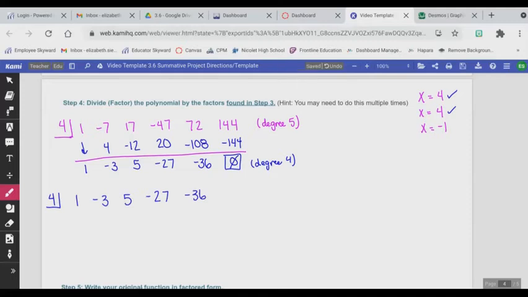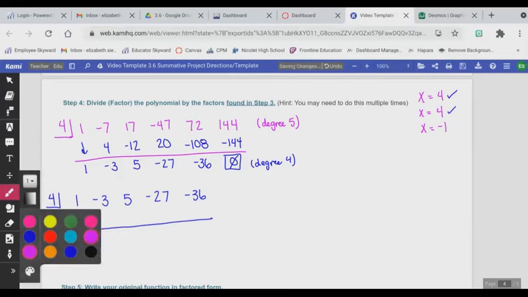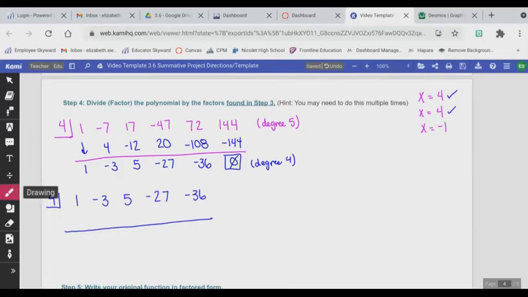So using the answer that I just got for my first synthetic division, I'm going to set it up and do synthetic division again, okay? And again, this answer was a degree 4, so my new answer is going to be degree 3. I just like to write myself a little note so that I know what my final answer will look like. All right, so bring down the first term. 4 times 1 is 4.